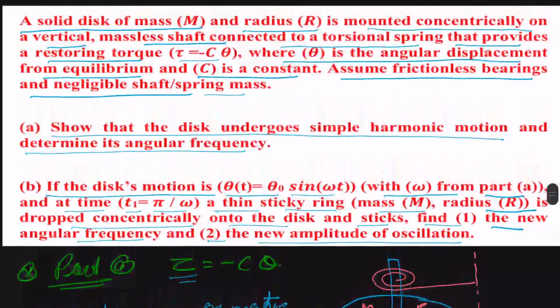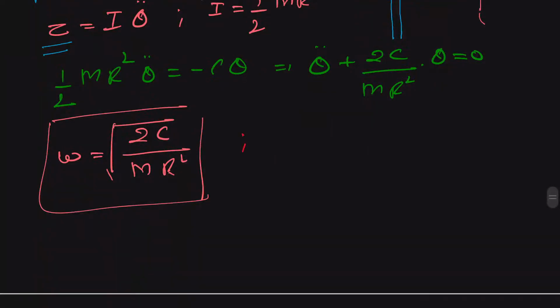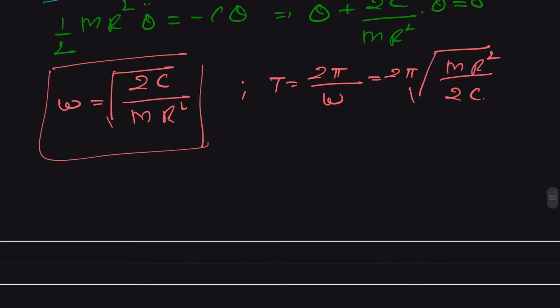For the next part we require the time period, so we are going to find T, and later on we are going to deal with it. From here we can say T is equal to 2 pi upon omega, which gives us 2 pi times the square root of m r squared upon 2C.